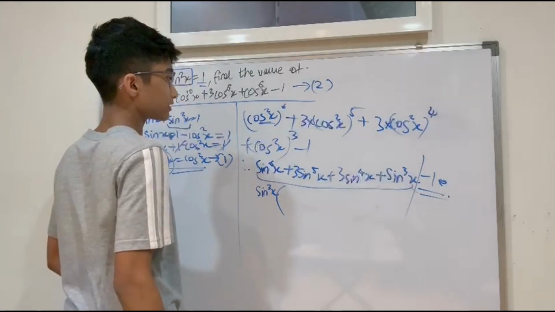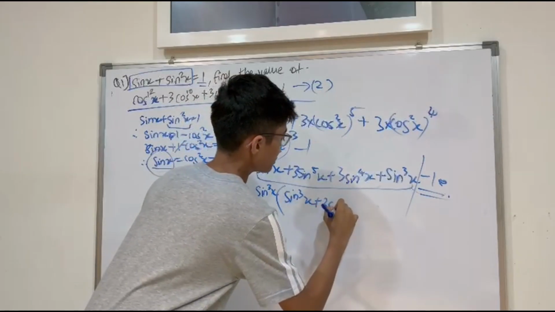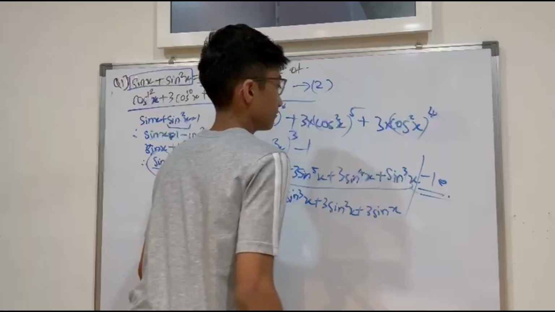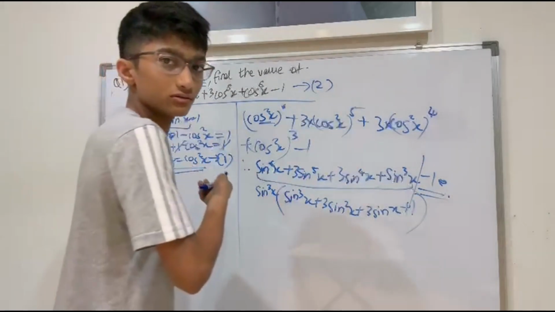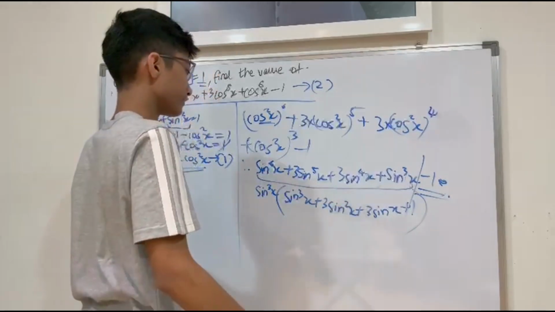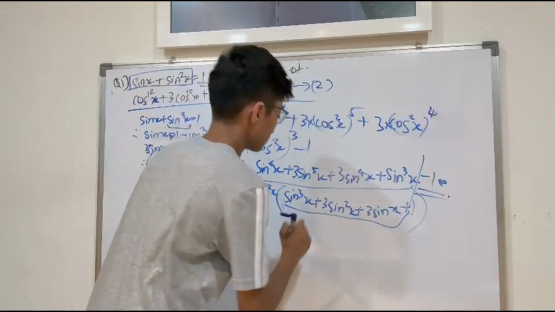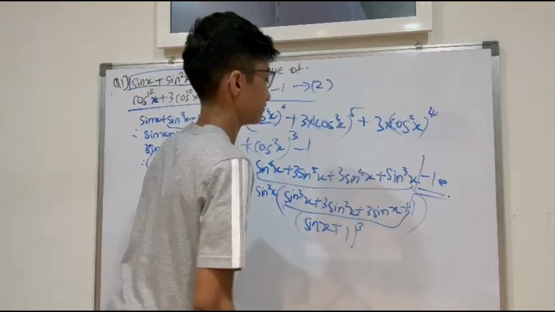If I take sine cube x common, I get sine cube x plus 3 sine square x plus 3 sine x plus 1. This might be going in a quadratic shape type of thing, but leave it. What is this? This is nothing but sine x plus 1 the whole to the power 3.